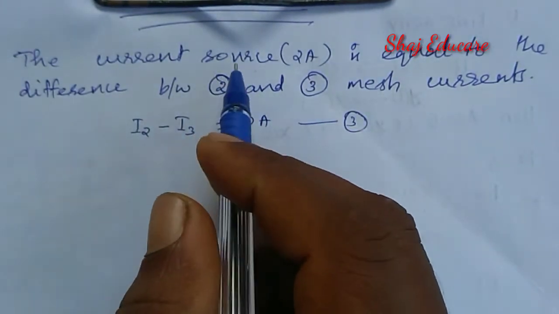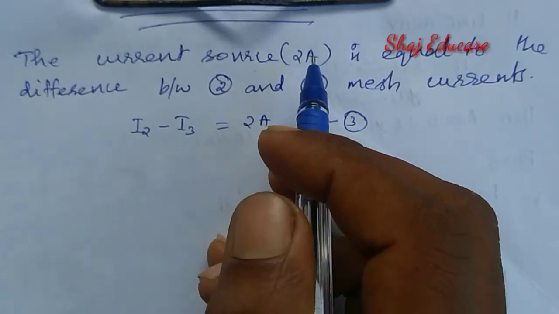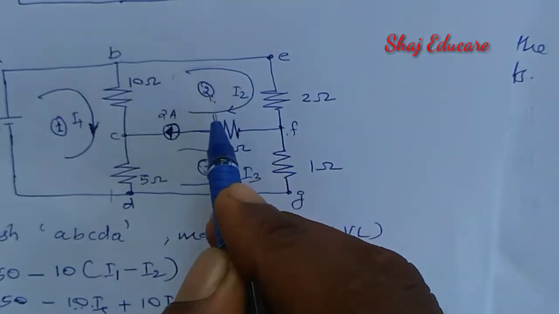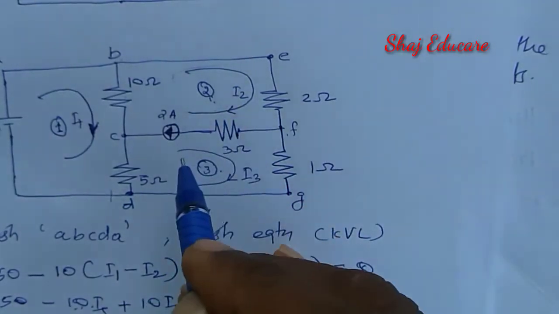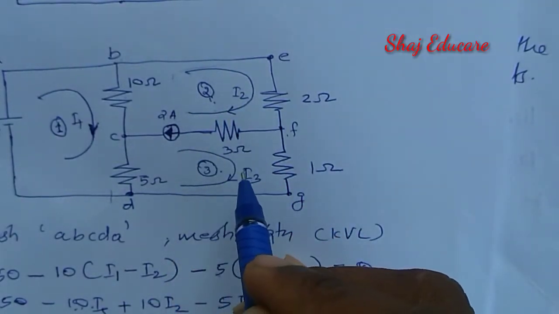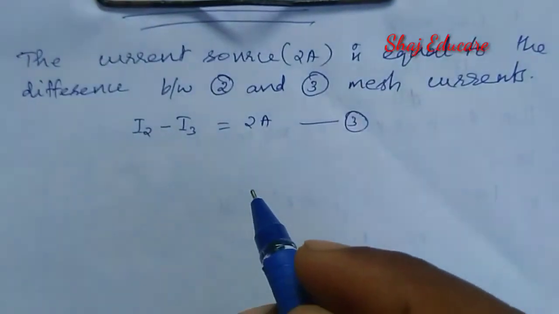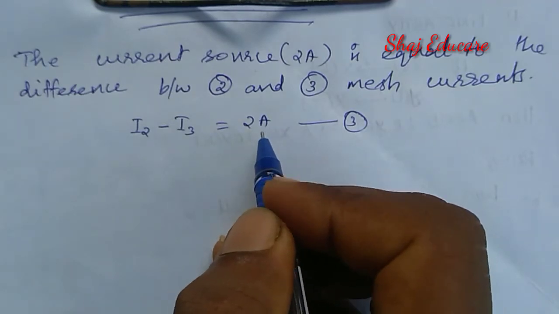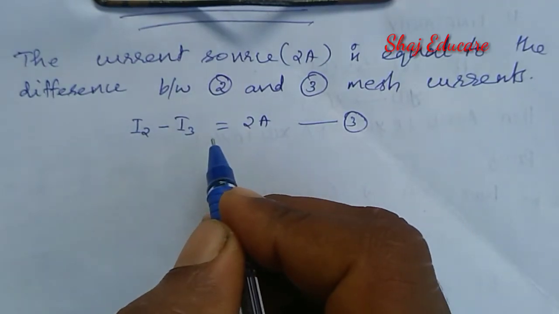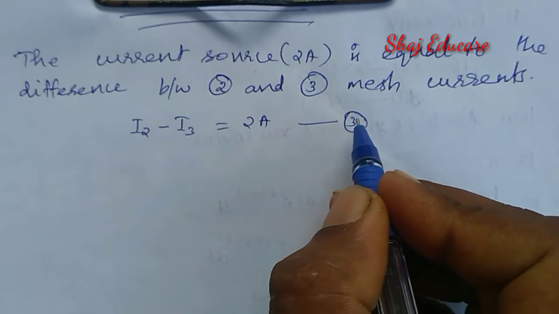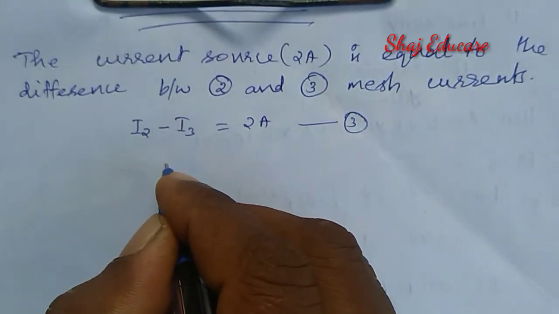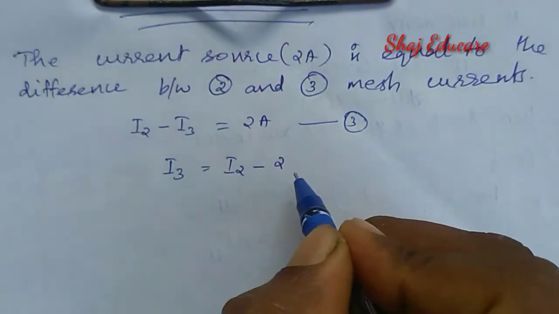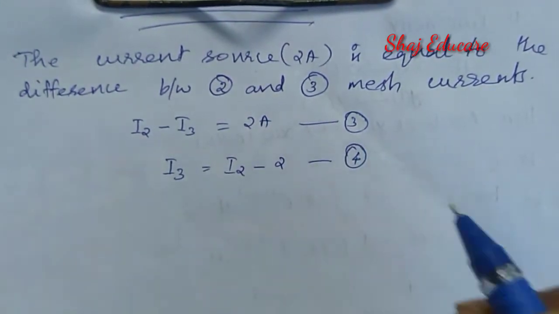The current source is equal to the current flowing through the mesh 2 minus the current flowing through mesh 3. Okay, now we got another equation, that is I2 minus I3, that is equal to 2 ampere. And from this equation we can say that I3 is equal to I2 minus 2. Okay, let us mark it as equation 4.